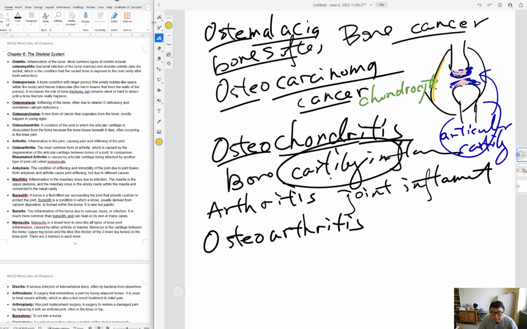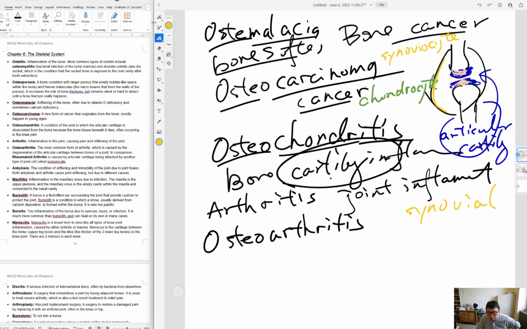The enclosure of the joints is closed by a membrane, and this membrane is made up of cells called synovial cells. The cavity is filled with a fluid called synovial fluid.